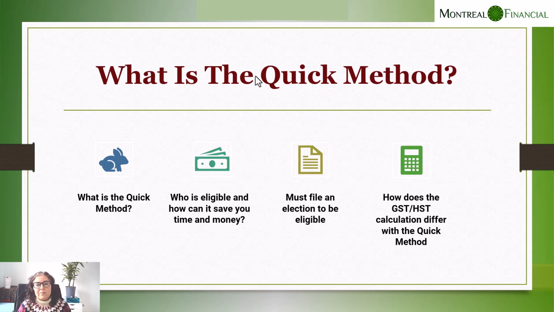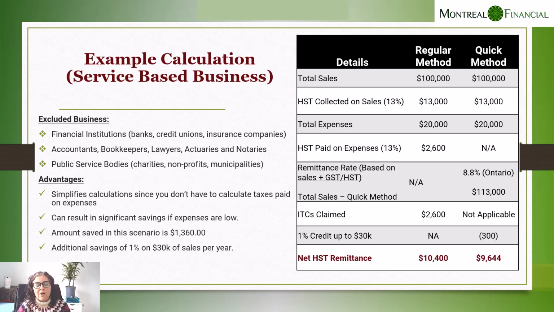There are certain businesses that are restricted from using the quick method. So let's look at what those are. Financial institutions, banks, credit unions, insurance companies, etc., accountants, bookkeepers, lawyers, actuaries, and notaries are very specifically excluded from using the quick method. And this is likely because they are heavily service-based and their actual expenses are lower.